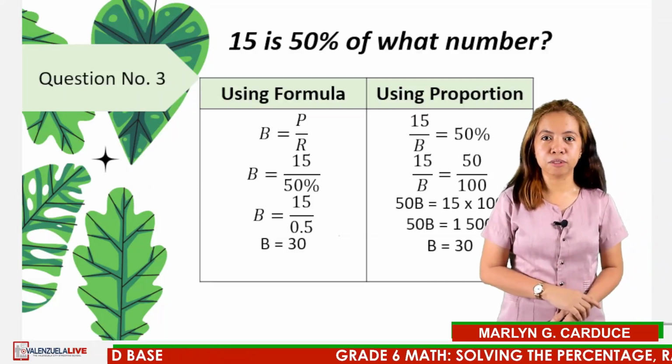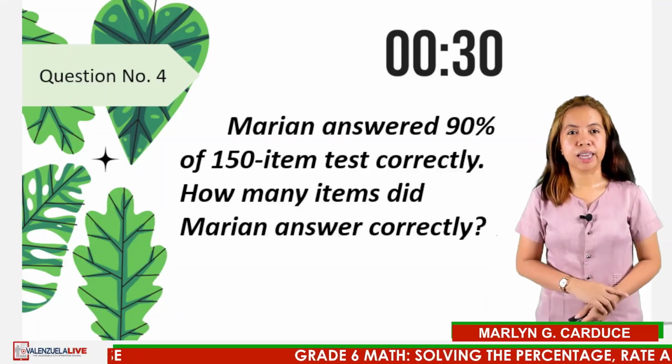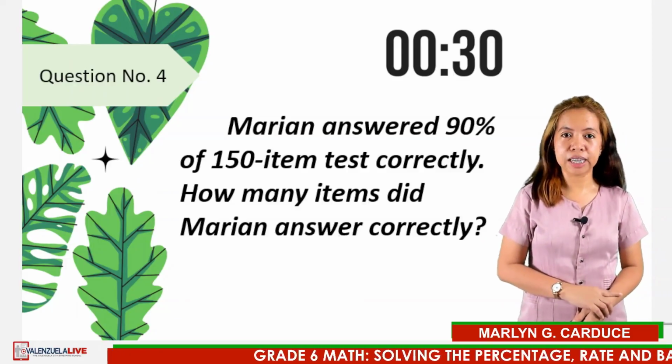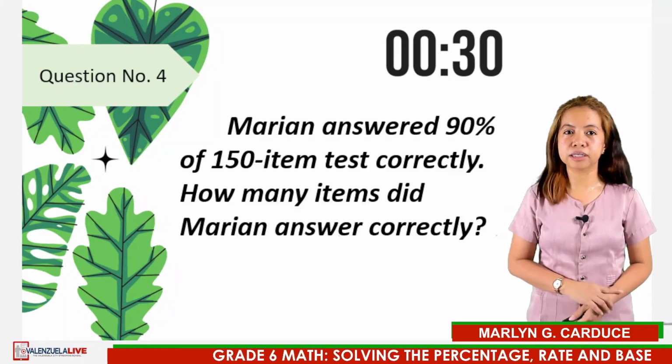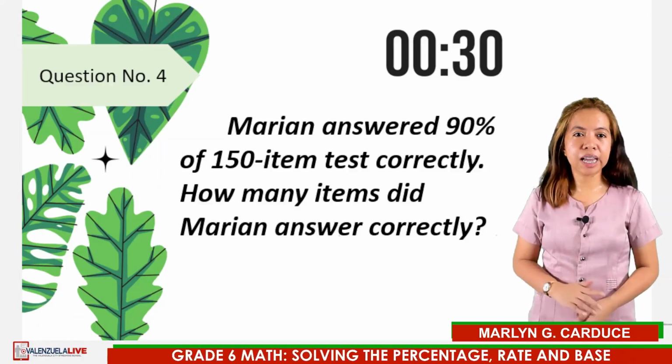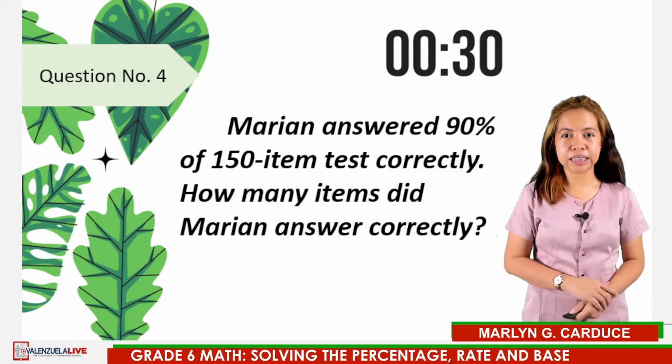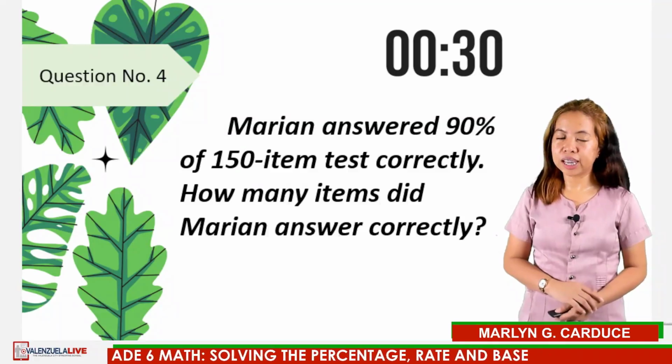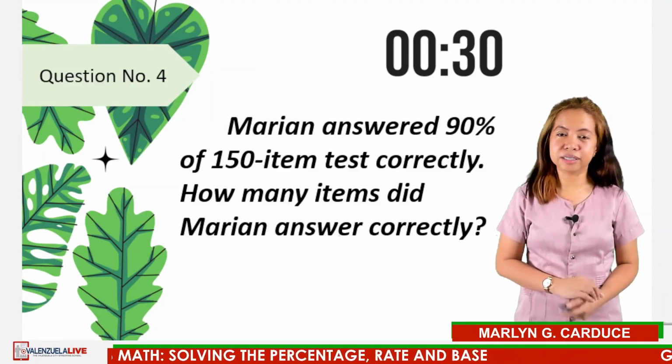For question number 4, Marian answered 90% of 150 item test correctly. So how many items did Marian answer correctly? So again, your 30 seconds starts now.